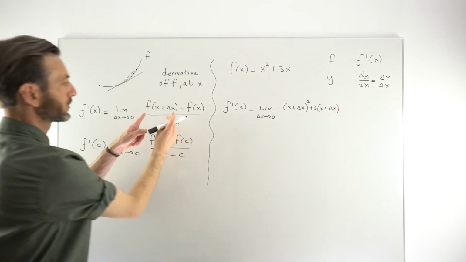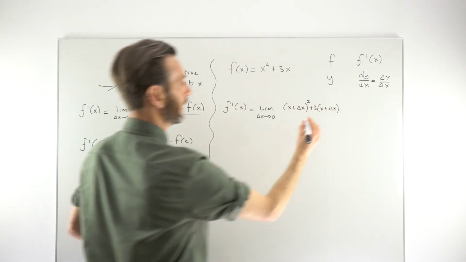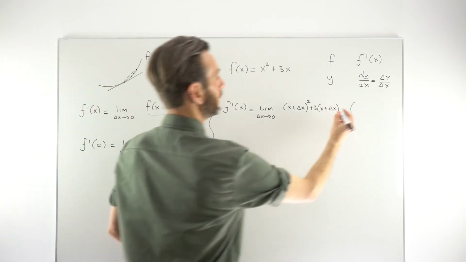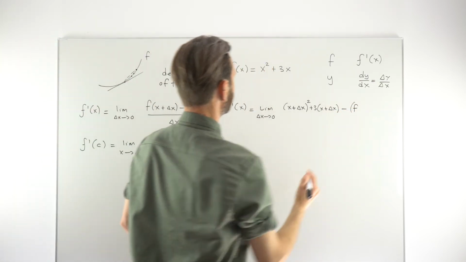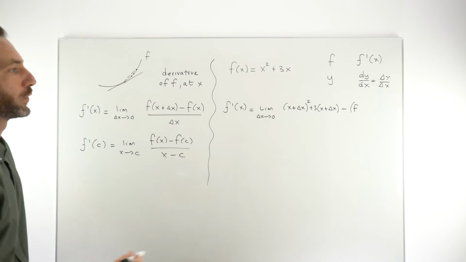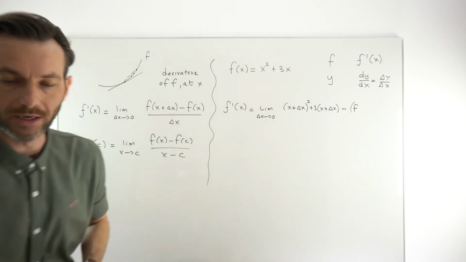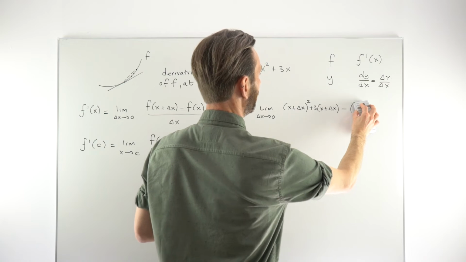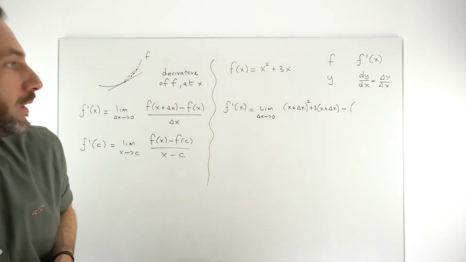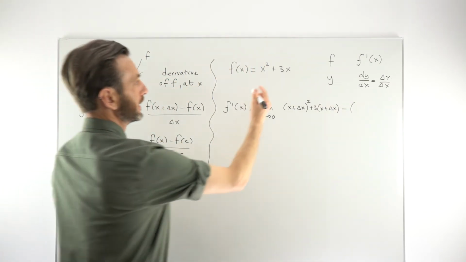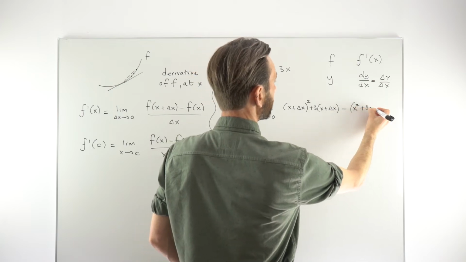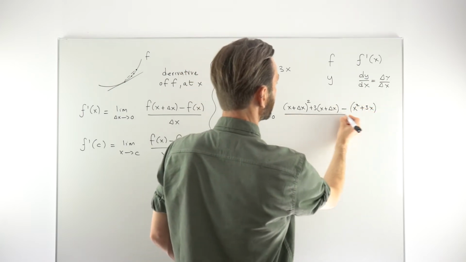That would be this part here, and we're subtracting from that, I'll just use a bracket, f of x, which is just going to be x squared plus 3x, all of that over delta x.